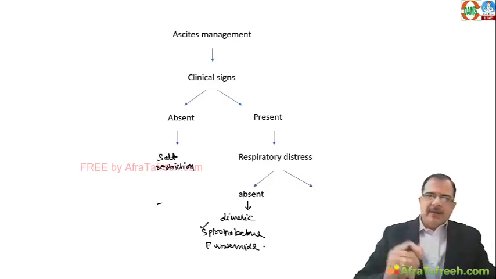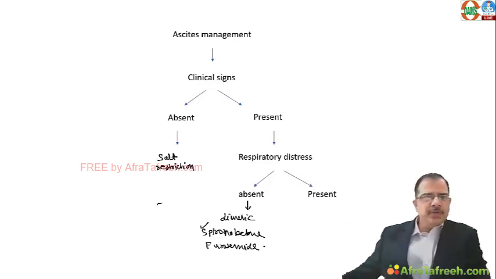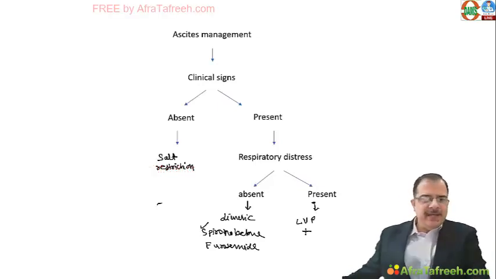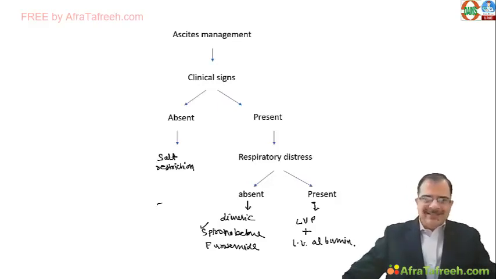While if the respiratory distress is present, in that scenario there is only one option left, and that is we will go for a large volume paracentesis. 5 to 6 liters of the fluid is removed. Along with that, we give intravenous albumin, to prevent the leakage into the peritoneum after a large volume paracentesis.